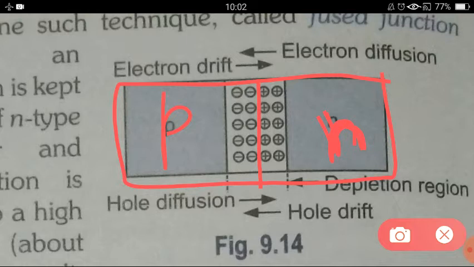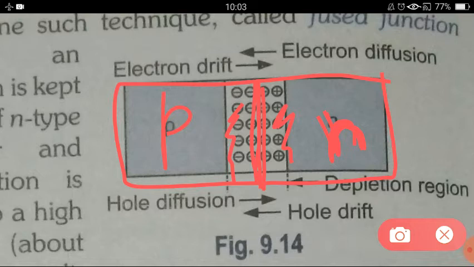Near the junction, on this side electrons will be there and on this side holes will be there. They get attracted towards each other because electrons have negative charge and holes have positive charge.